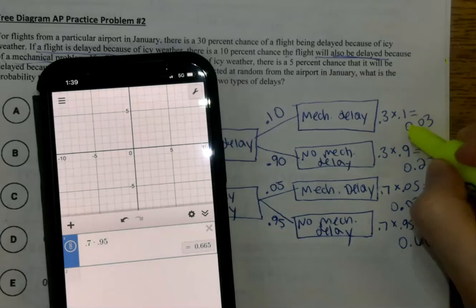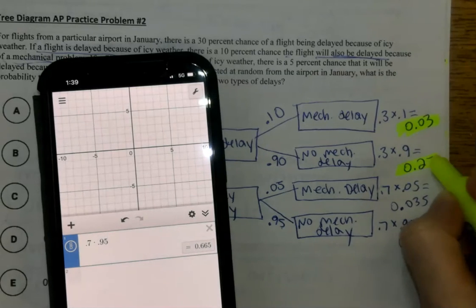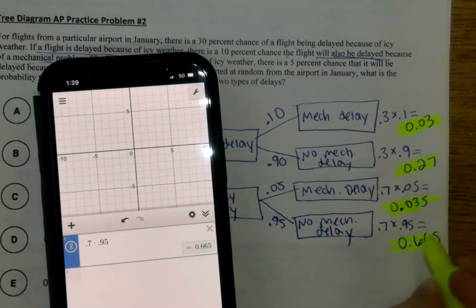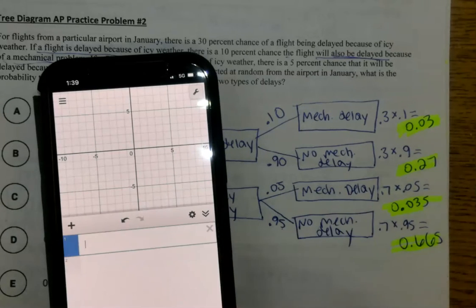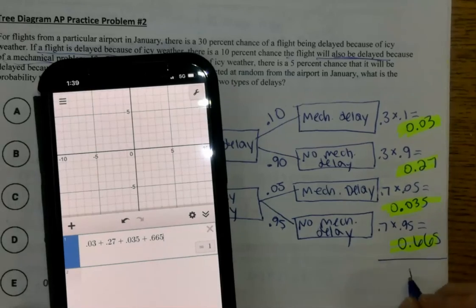All right, so there are my 4 probability outcomes, and I'm just going to add them up. Yep, and they add up to 1. So I know I did it right.